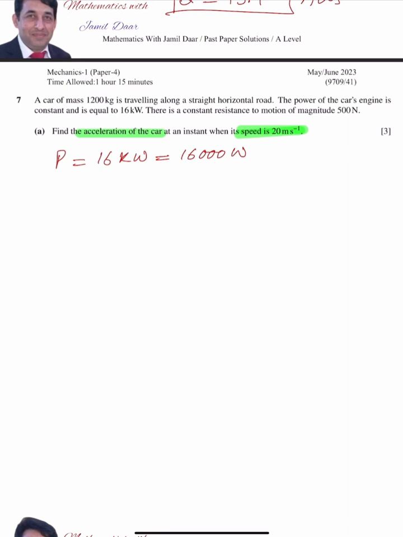Mass is 1200 kg. And next they are saying there is a constant resistance to motion of magnitude 500 Newton. That means resistance force is 500 Newton.